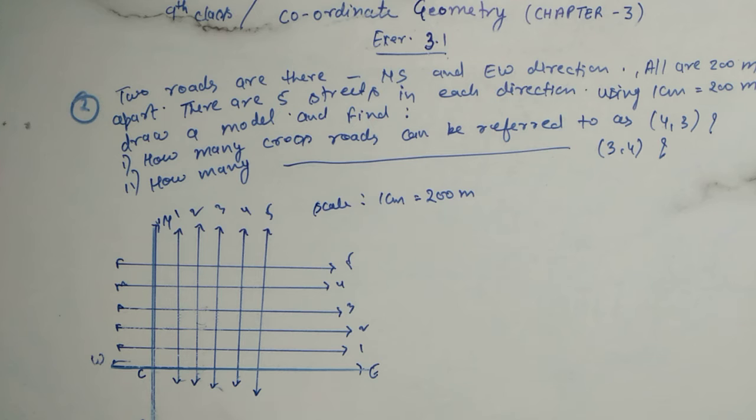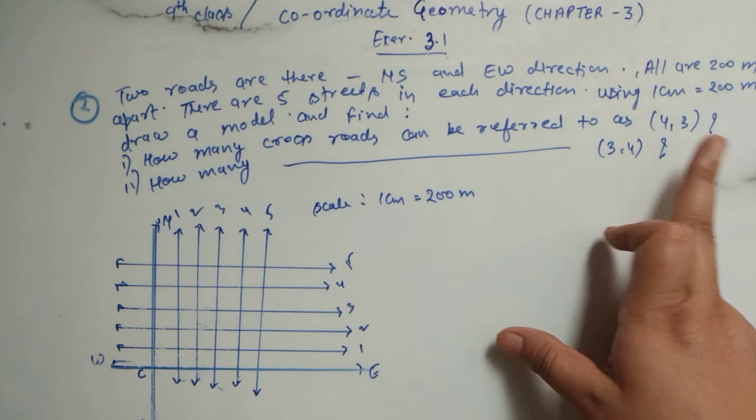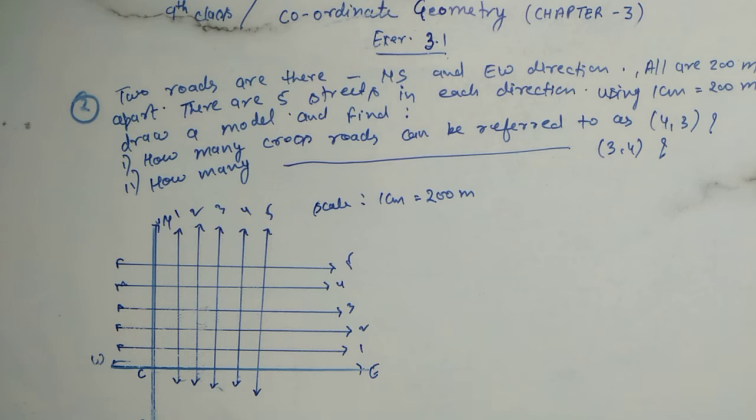Now, what is the question? The question is how many cross streets can be referred to as (4, 3). When naming, just see how we will name it. This is street 1, and this one is also street 1, so this will be named 1 and 1.